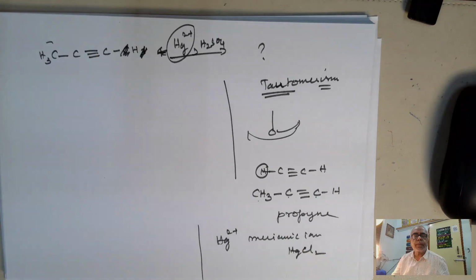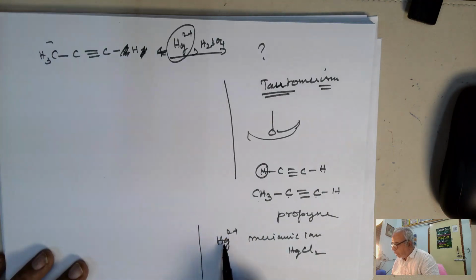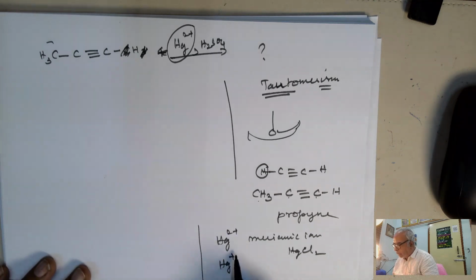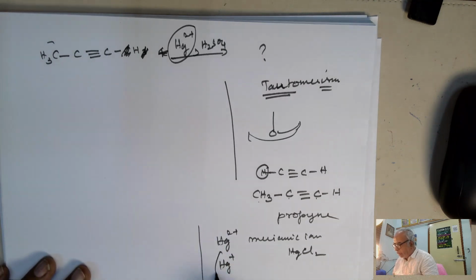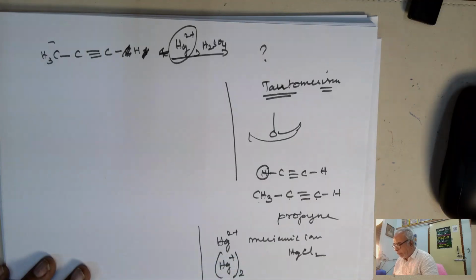Similarly, Hg+ is actually called mercurous ion, but it is dimerizing, that is, it is available as a dimer.